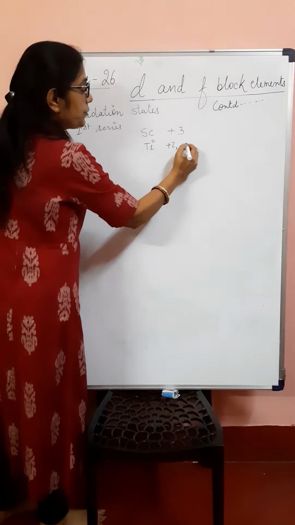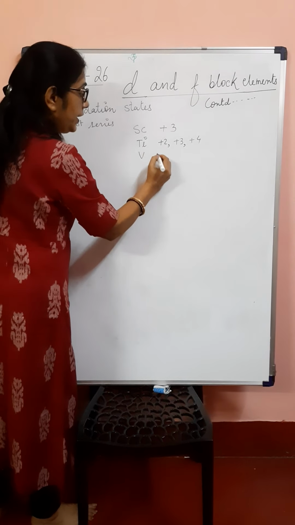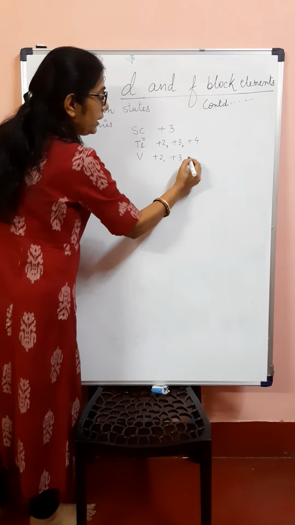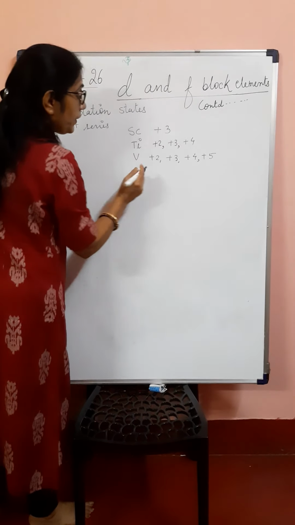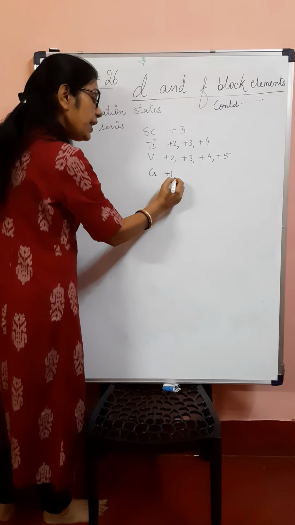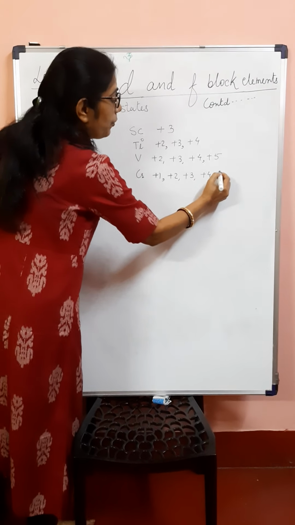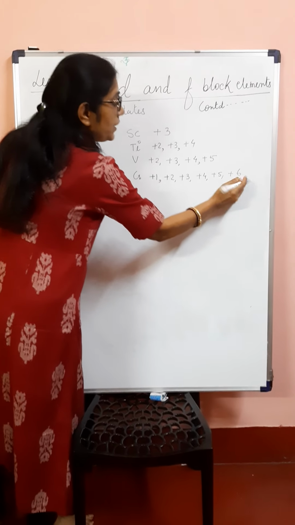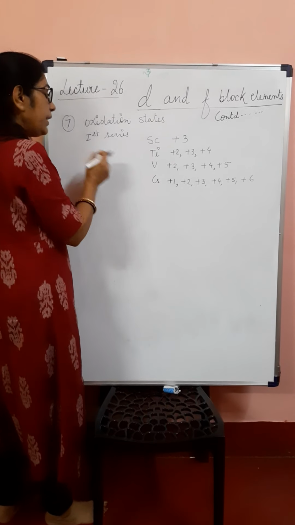So it has +2, +3 and +4. Then comes vanadium: 2, 3, 4 and 5. Chromium, 3d5 4s1. So it can have +1 also, highly unstable, but still +3, +4, +5, +6 will be the highest because of 3d5 4s1.